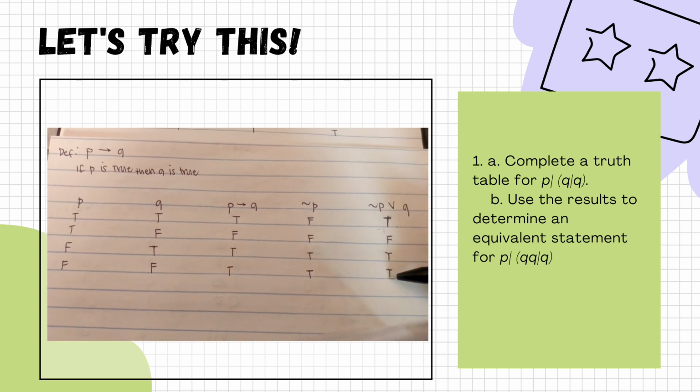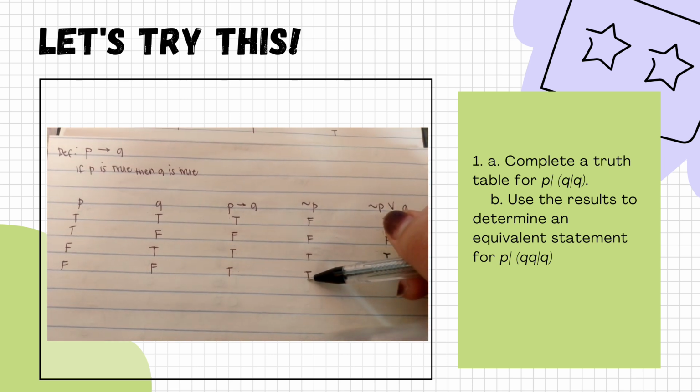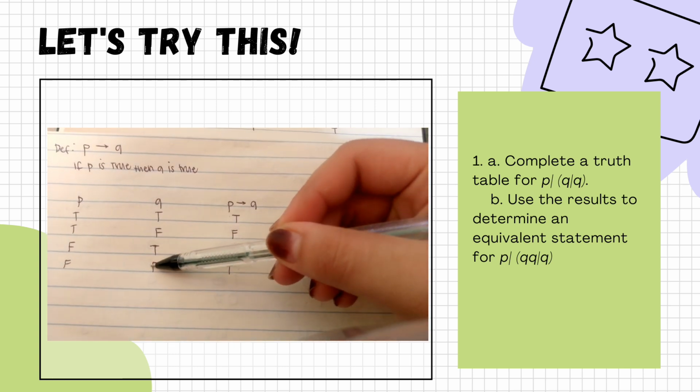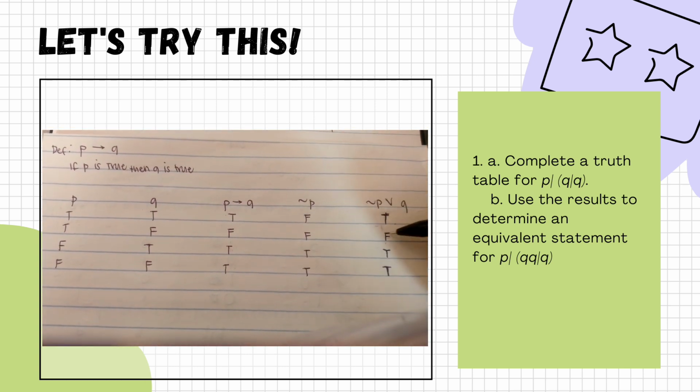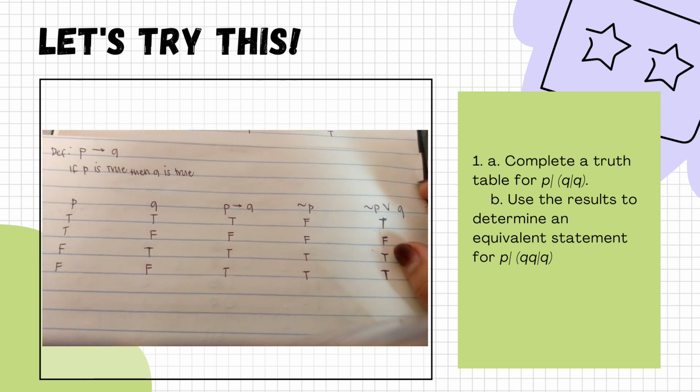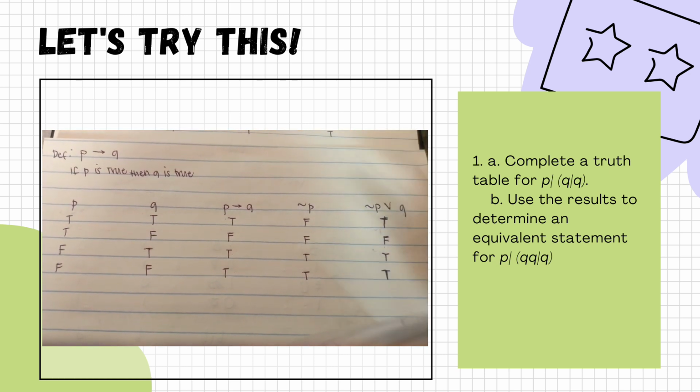And then last one is, ang not P natin is true and then ang Q naman natin is false. So true ang ilalagay natin kasi ang isa lang ang kailangan natin na false para magtugma siya doon sa previous truth tables.